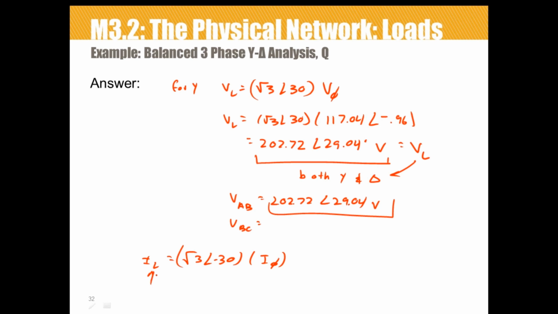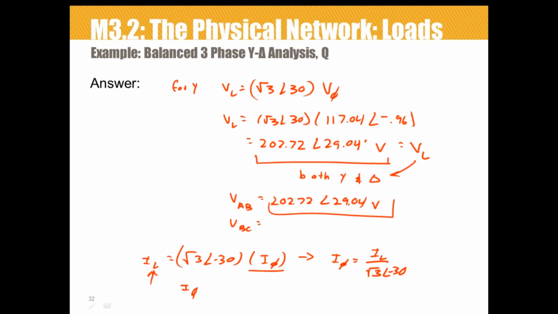Well, what we calculated in the previous example was the phase current of the Y-connected load, which is also the line current of the Y-connected load, which is also the line current of the delta-connected load. So what we want to find now is the phase current in the delta-connected load. So we need to do a little bit of manipulation. That's I phase is equal to I line over radical 3 angle negative 30. So just a little bit of simple algebra.